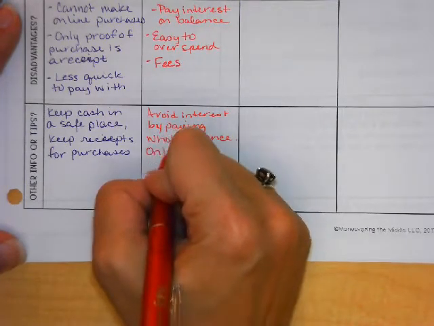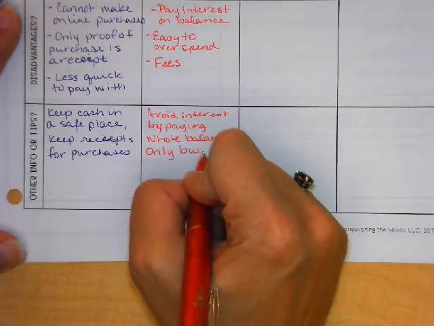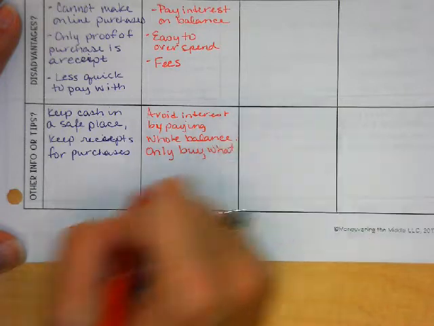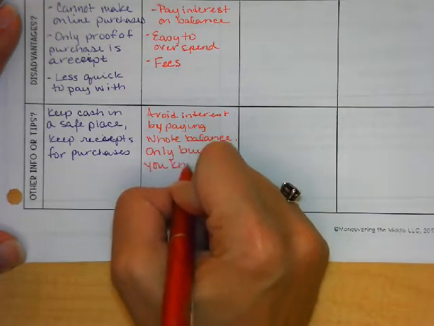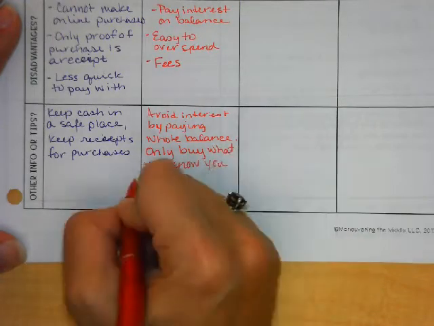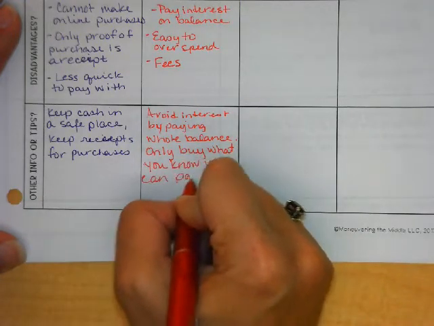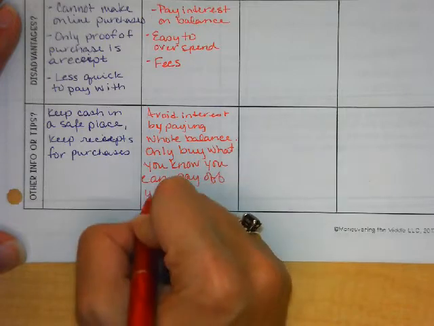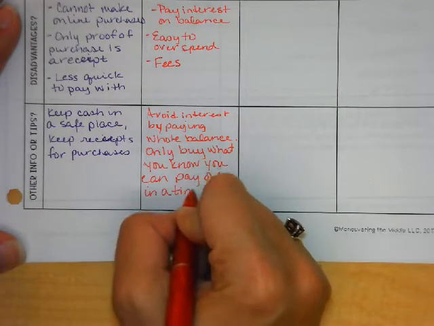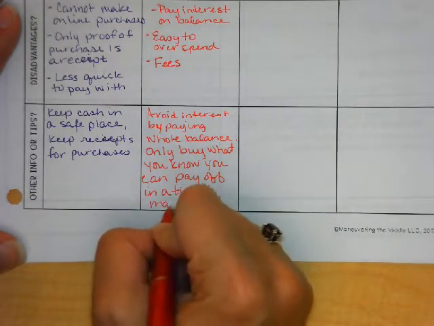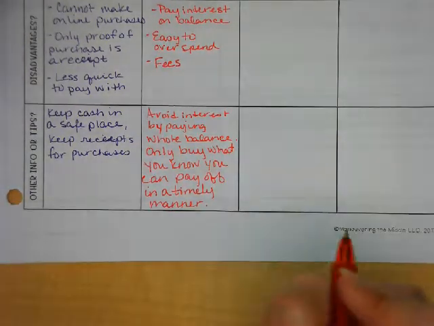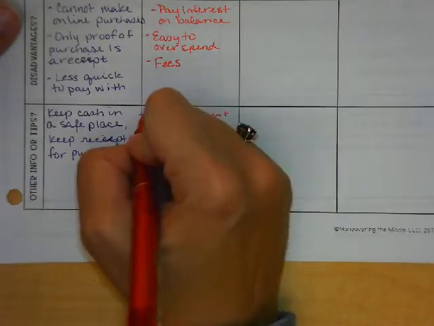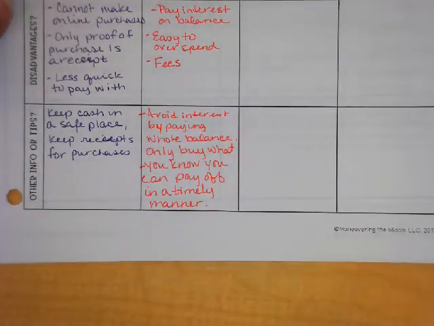Only buy what you know you can pay off in a timely manner, right? You don't want to charge, and you get all those extra fees, all that extra interest. So make sure you're going to be able to pay that off, even if it's not the next month, maybe soon.